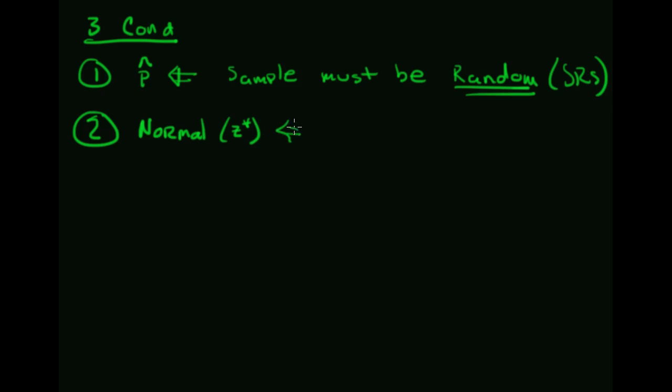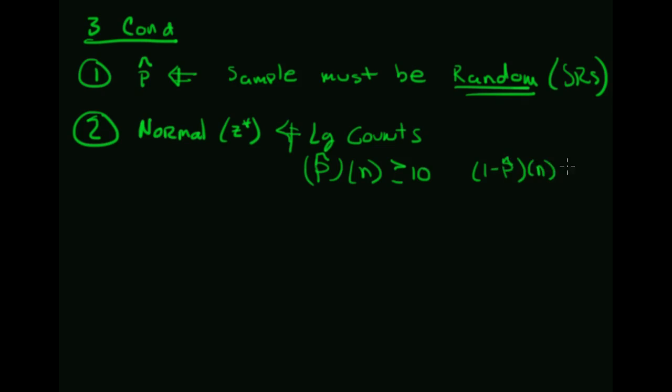Okay, this is where you have to have large counts. So in order to assume normality, we have to have large counts. And we can let the p hat stand in for the indicator here. So we're going to measure p hat times n has to be greater than or equal to 10, and 1 minus p hat times n also has to be greater than or equal to 10. Okay, so this is how we get normality, is through large counts. We get the validity of the estimate through randomization.